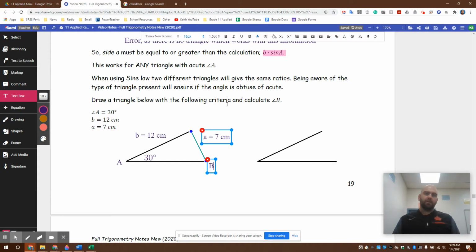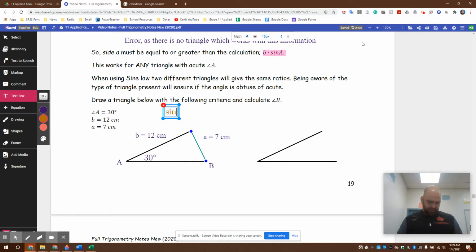Now I'm going to quickly write in sine law on top here, make our formula, because we're going to use it again. So instead of writing it out multiple times, I'm just going to write it out once, over side B. It's really all we need.